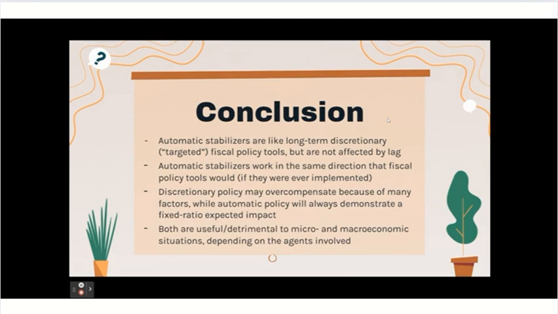Because someone that makes $50,000 a year paying $10,000 in taxes is going to be impacted a lot more than someone that makes $5 million a year paying $10,000 in taxes.